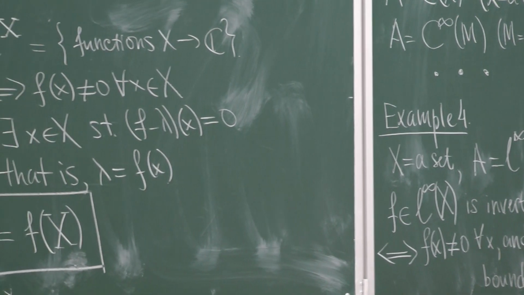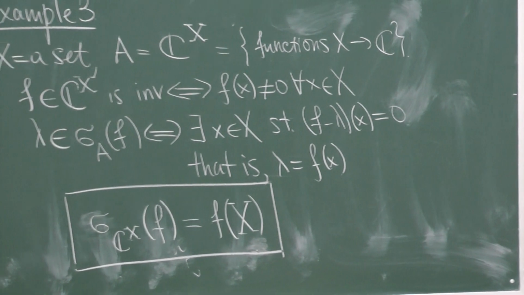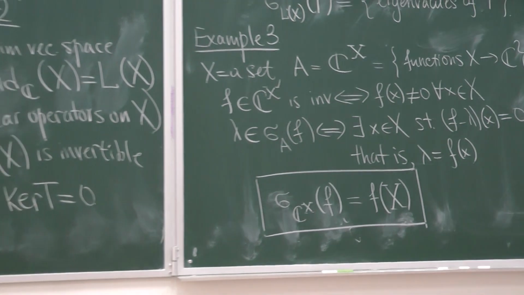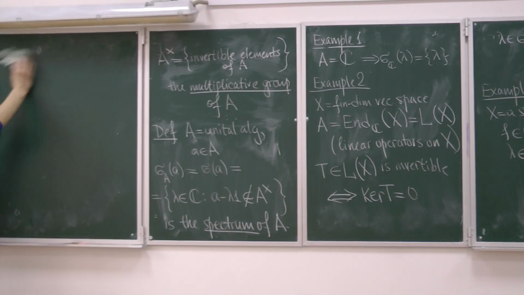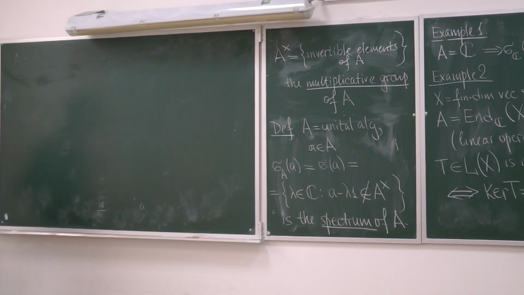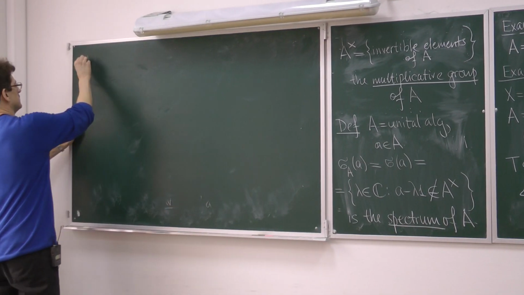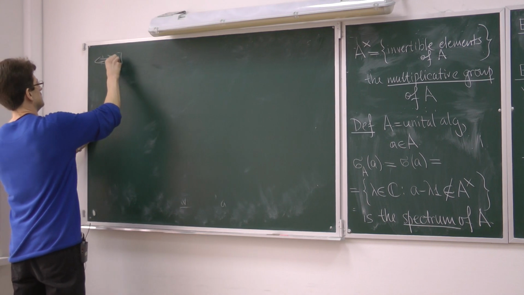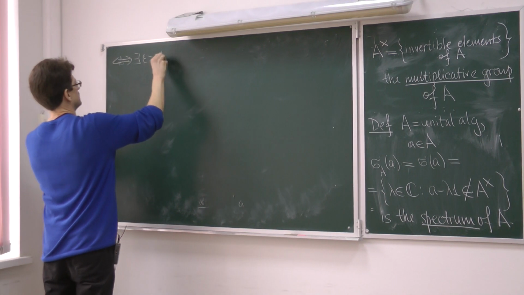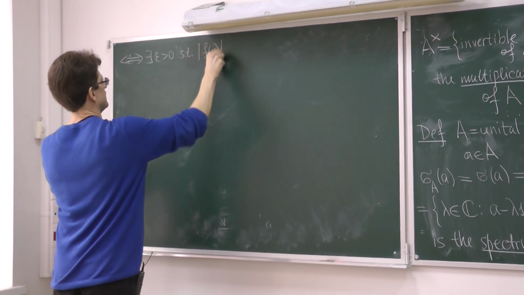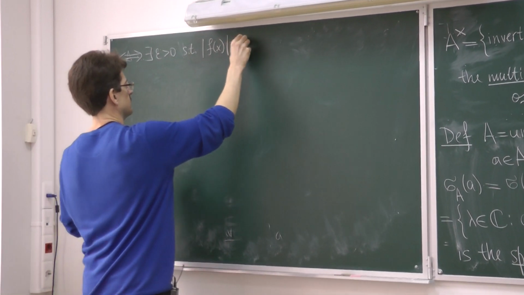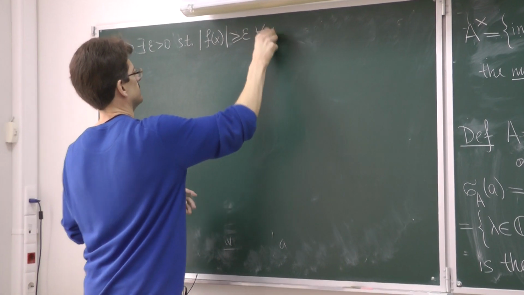So equivalently, this can be written as follows. This means that f is bounded away from 0. So this means that there is a positive epsilon such that the modulus of f of x is greater than or equal to epsilon for each x.